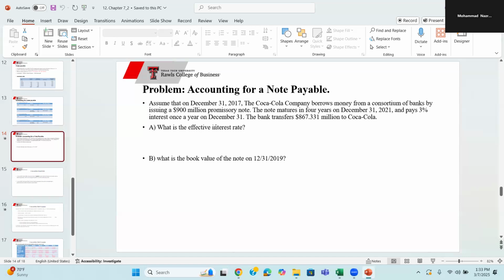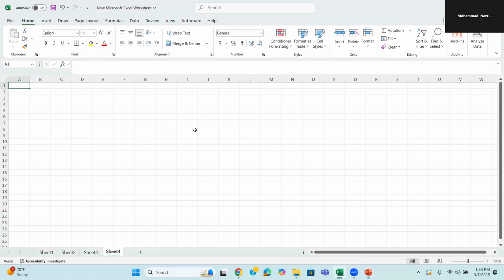We have an interest rate of 3% on your total future value, but over the amortization schedule, your actual effective interest rate should be different from the 3% interest rate. So let's calculate this in an Excel sheet.